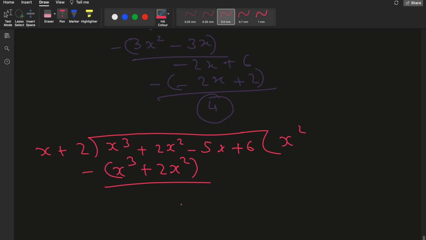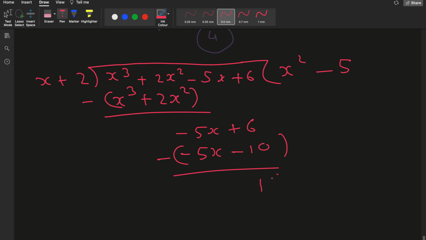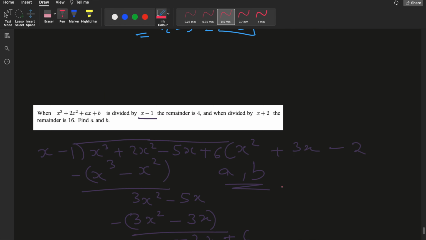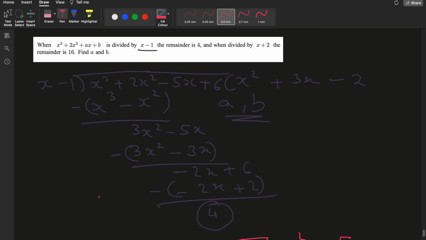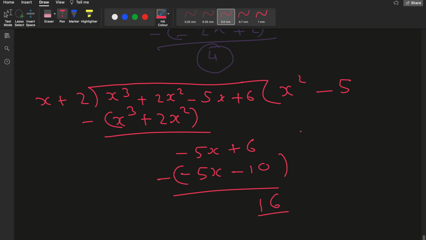So this whole thing cancels out. We are left with minus 5x plus 6. So minus 5 would be minus 5x minus 10. When we subtract this, we get 16. So that was what was given. So this further confirms that the value of a and b that we got was true.